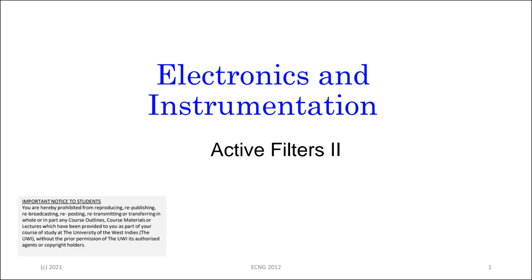And we saw that the active filter allowed us to have some gain on the device because the RC network would attenuate the signal, so to get it back up to some sort of level, or maybe even to boost it to another level that you may want to use, you would use the op-amp part, hence the term active. And usually the active filters are only resistors and capacitors that we'll be considering.